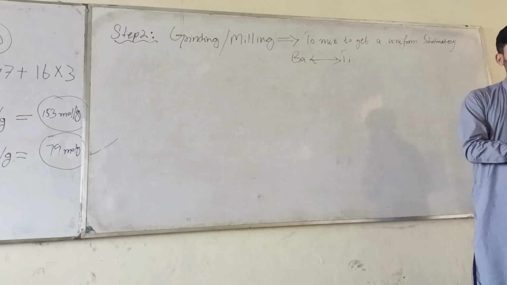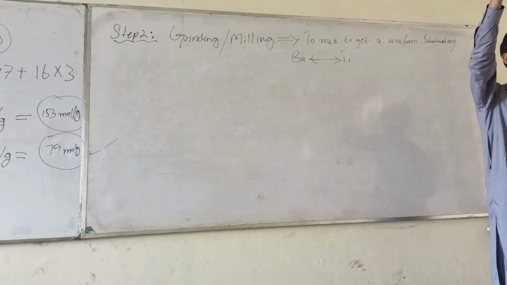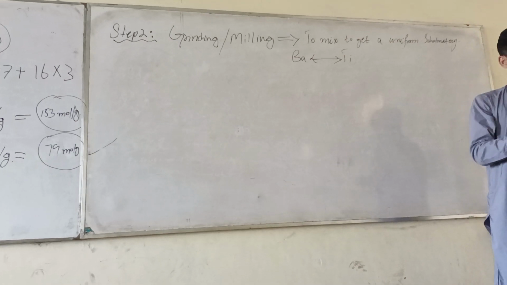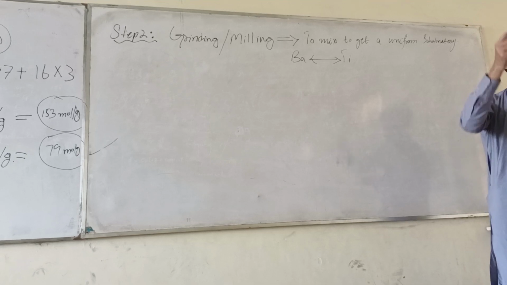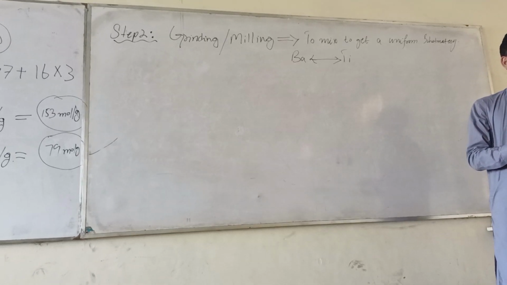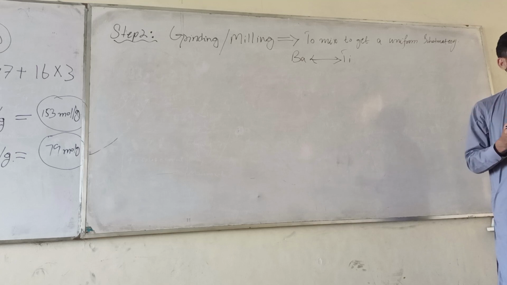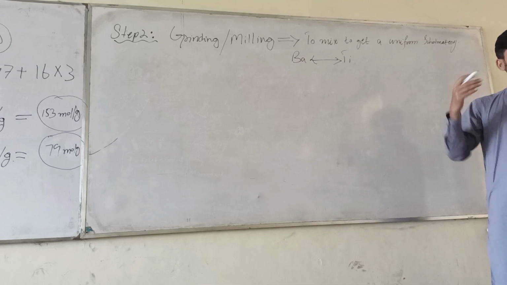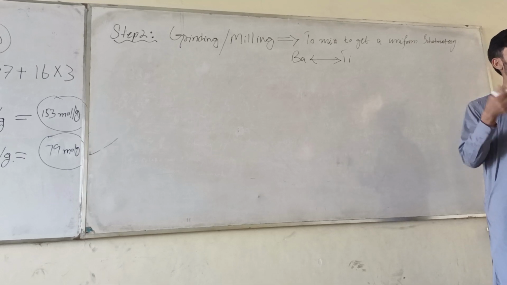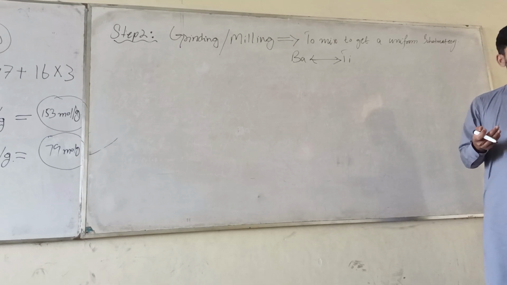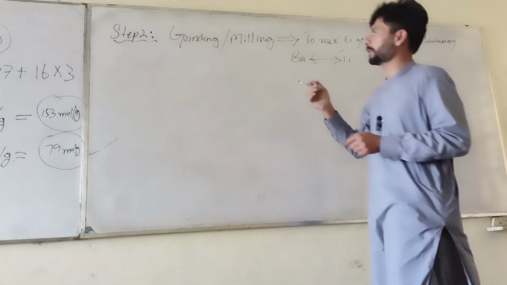Otherwise, if barium is here and titanium is here, then it is not easy to combine them, because a lot of energy and effort will be required. So for that purpose, we mix them and grind them properly for a very long period of time. Okay, so what is the grinding and milling process?